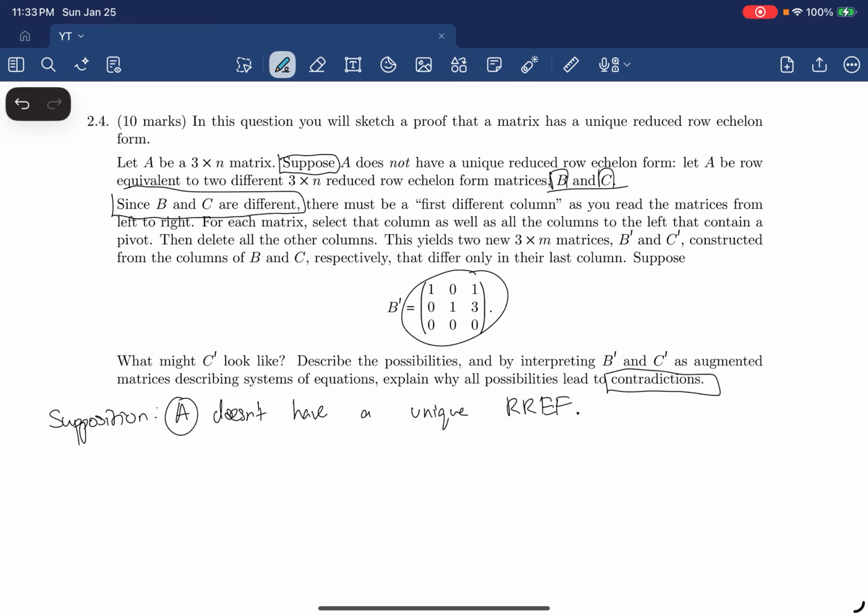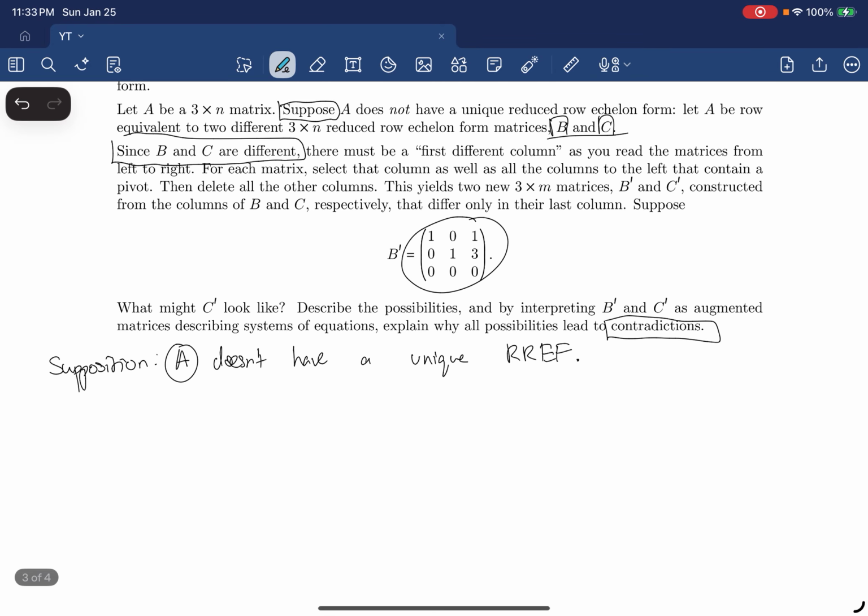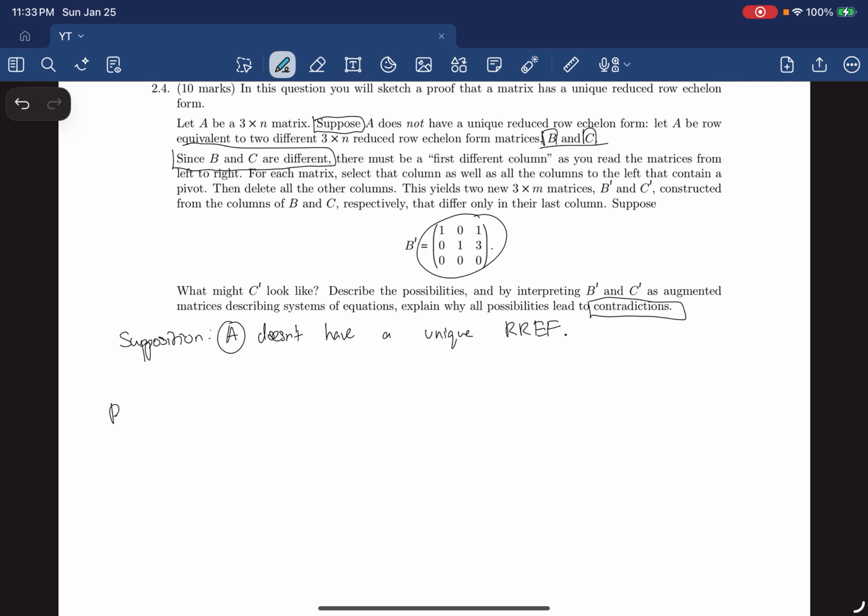And if B and C are different, then when you're comparing them, there must be at least one column that is different as you read the matrices from left to right. So for example, B could be 3, 7, 3, 2, 1, 1, 9, 9, 9.